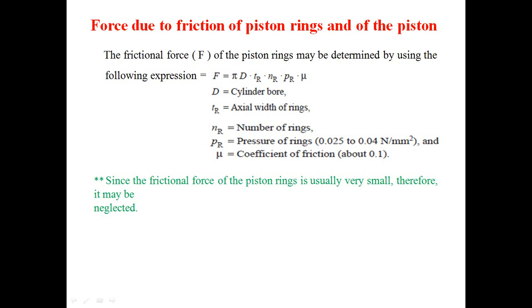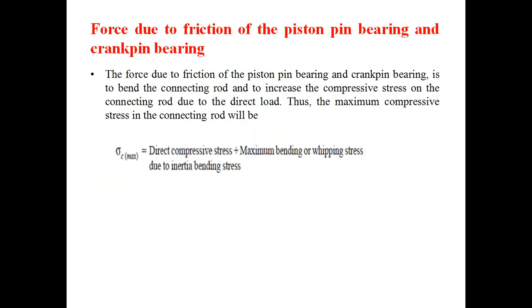The value of pressure is normally taken as about 0.025 to 0.04 megapascal, and the coefficient of friction mu is taken as about 0.1. Since the frictional force of the piston ring is usually very small, it may be neglected.